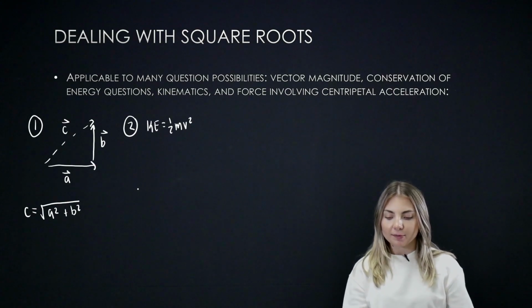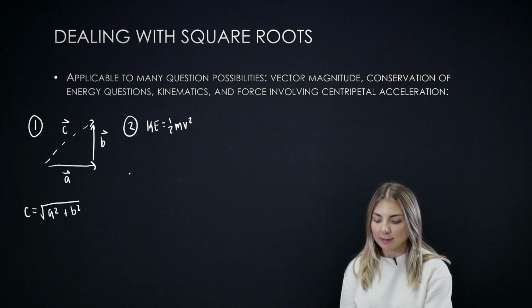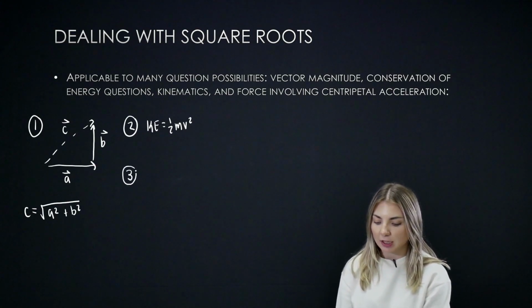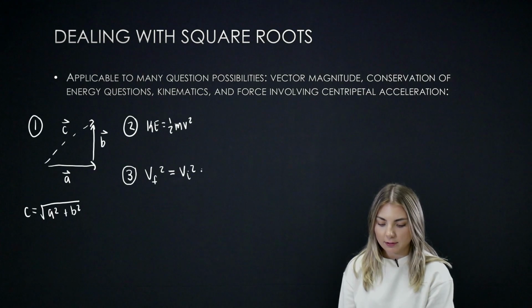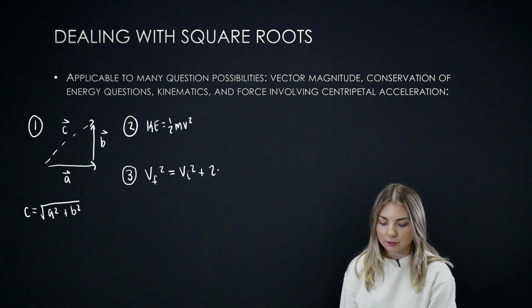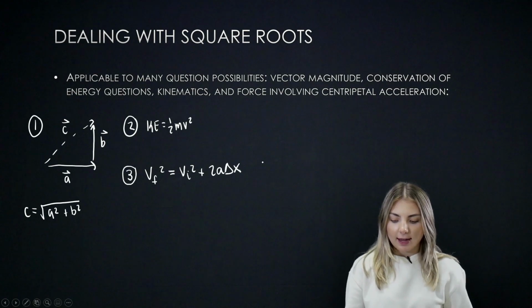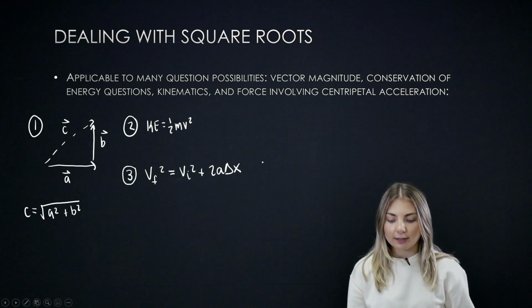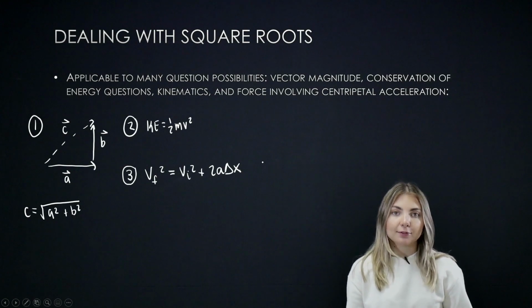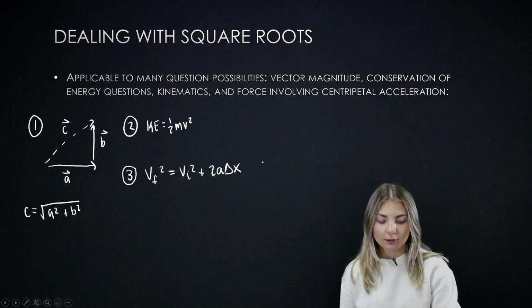Now, if you're approached with a kinematics question, specifically using the equation final velocity squared equals initial velocity squared plus 2 times acceleration times delta x, and you're solving for either the final velocity or the initial velocity, you're going to have to find the square root.